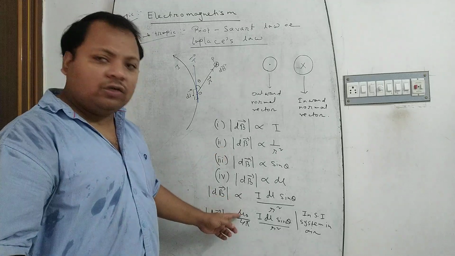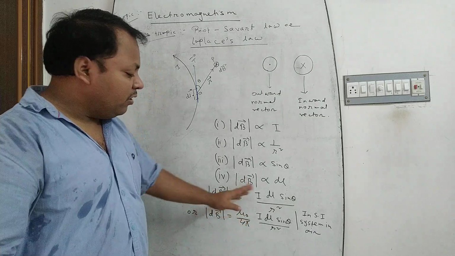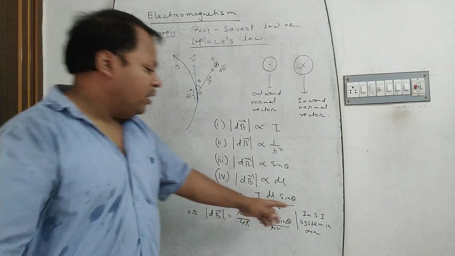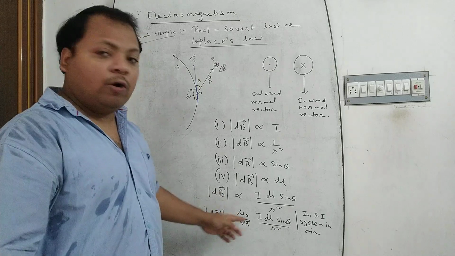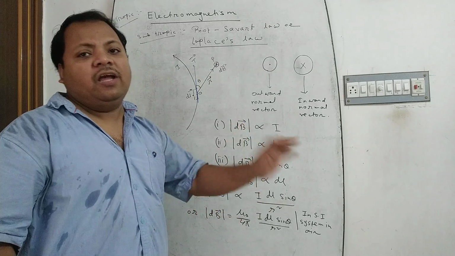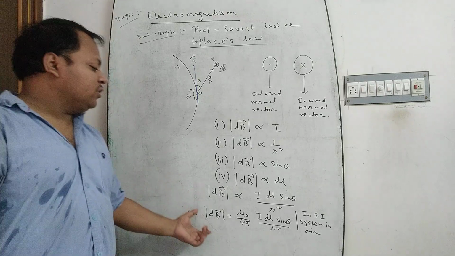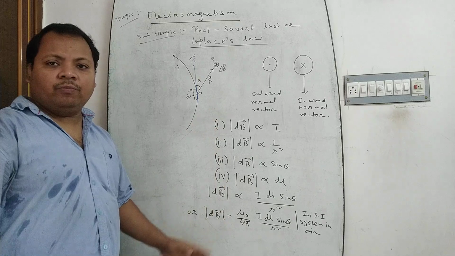Here the proportionality constant is mu 0 by 4 pi. This relation holds good in the SI system in air. This is known as Biot-Savart law or Laplace law.